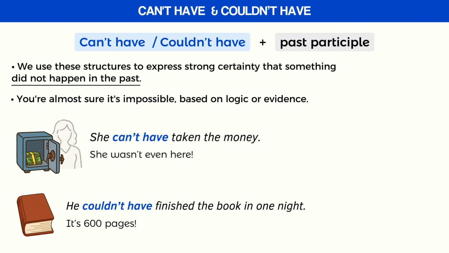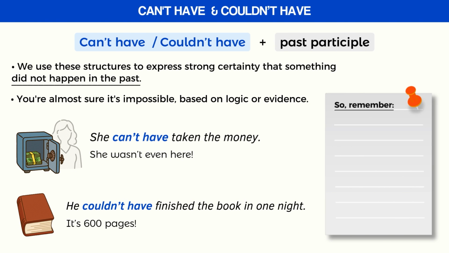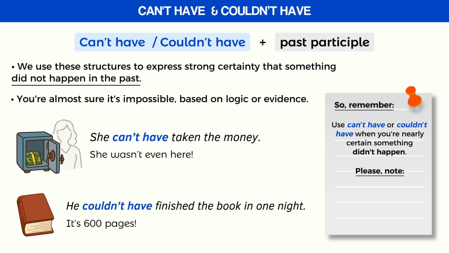It's 600 pages. So remember, use can't have or couldn't have when you're nearly certain something didn't happen. It's your way of saying that's impossible based on what you know. Please note, both can't have and couldn't have are correct. Use either depending on your tone or formality.